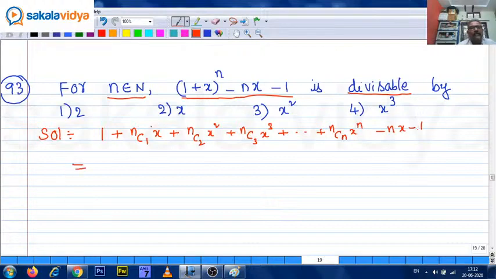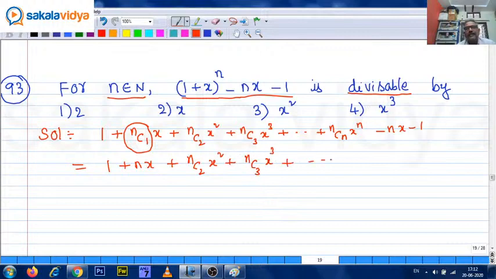This equals, nC1 is nothing but n, 1 plus nx plus nC2 x square plus nC3 x cube plus nCn, which is 1, x to the power of n, minus nx and minus 1.